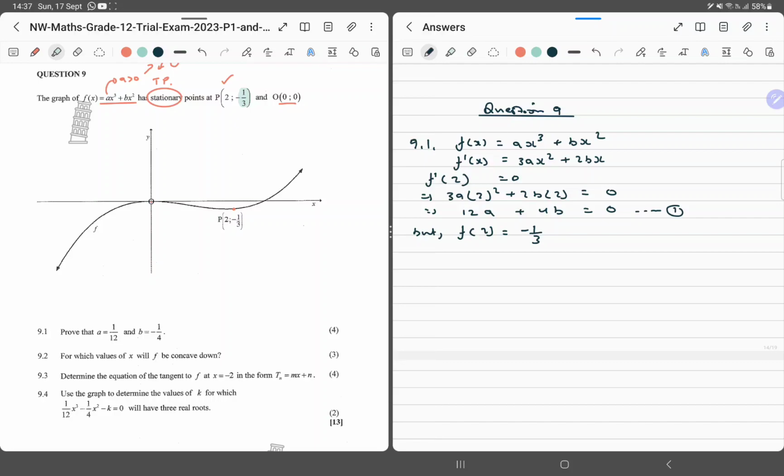Yes, we can see that this point, we can use that point to our advantage twice. Because we can use it on the derivative, we can use it on the original function. This implies that a into, now we're putting a 2 cubed plus b into a 2 squared is going to be minus a third. This implies this is now 8a plus this is going to be 4b is minus a third.